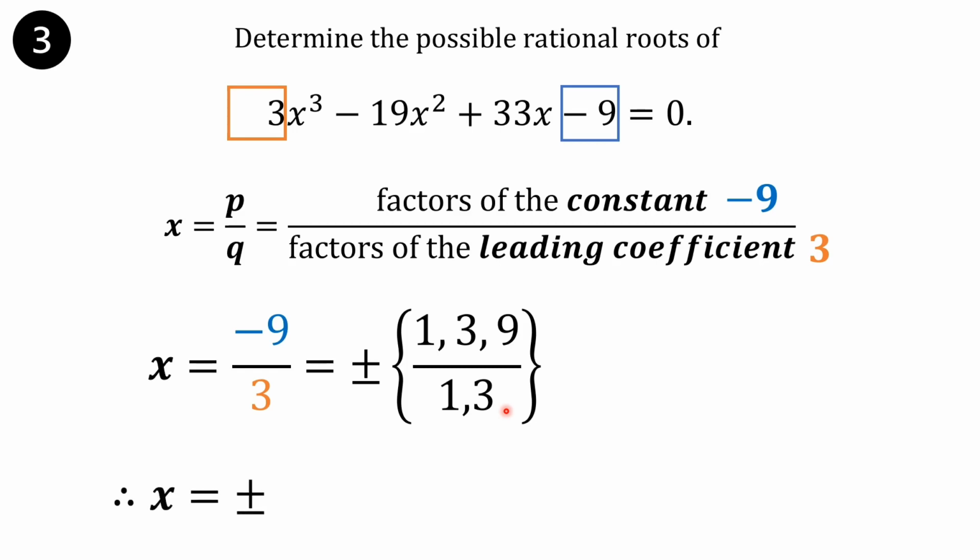Simplifying by getting the lowest terms, therefore x is equal to positive, negative 1 over 1 is 1, 1 over 3 is 1/3, 3 over 1 is 3, 3 over 3 is 1. There is already 1 here, no need to write it again.